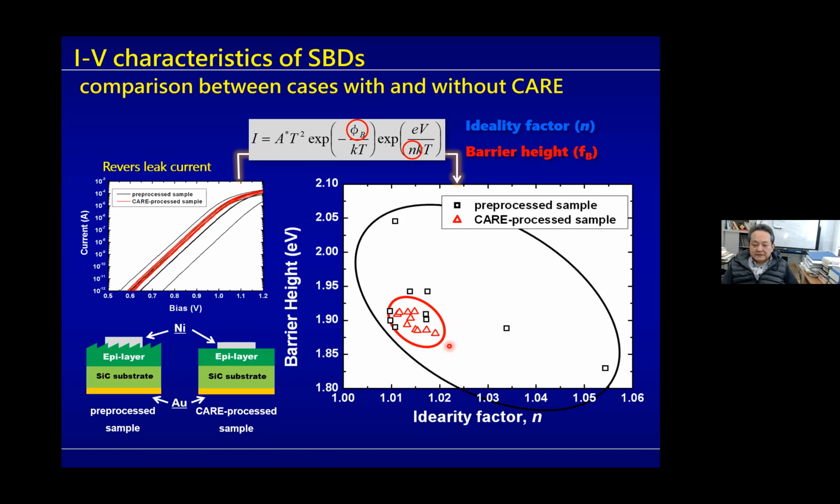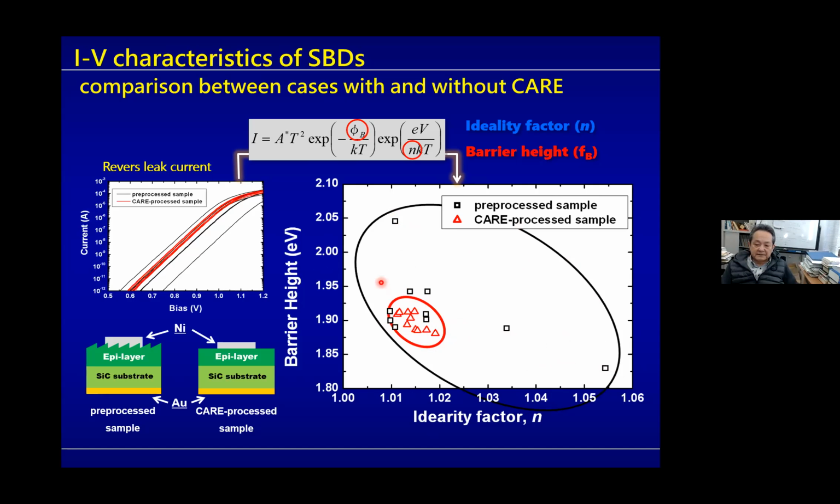And as you can see here, for the CARE process surface, these parameters are concentrated into this area. But in case of no CARE, the parameters are spread out, as you can see here. This kind of reproducibility is very, very important for the R&D of device fabrication development.